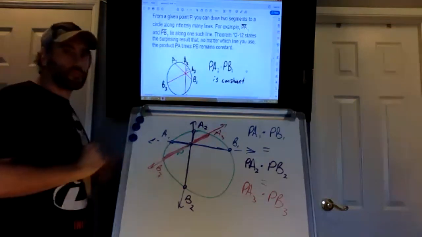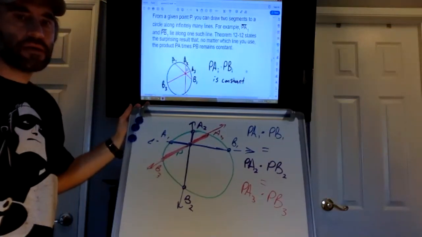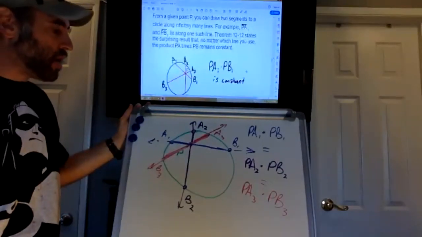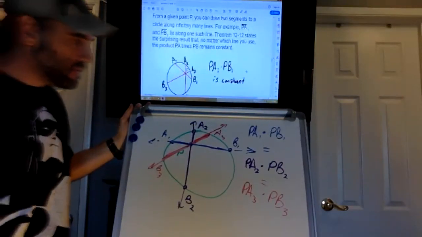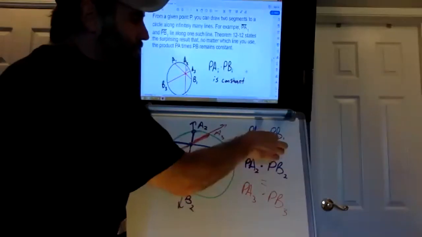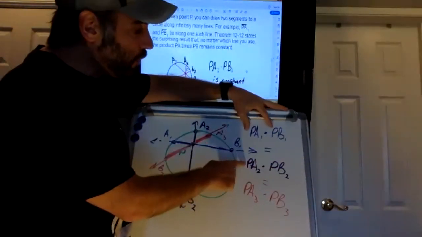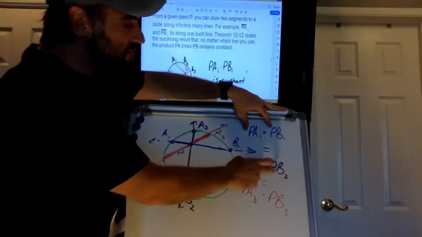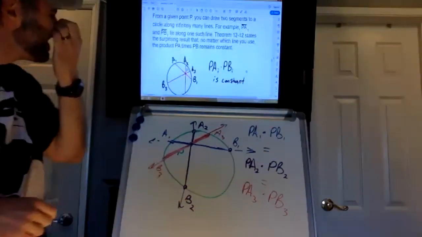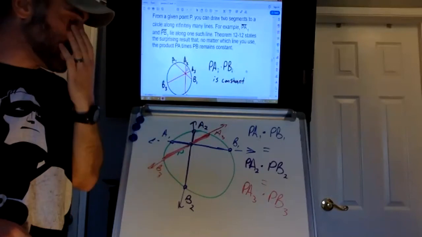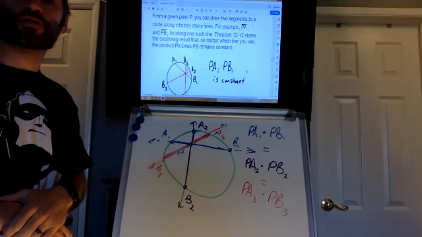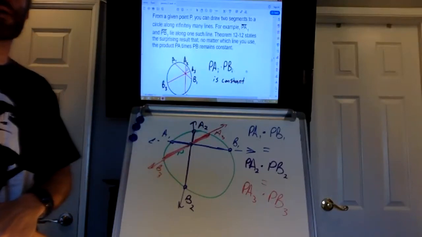Wait, so Mr. Rosenthal, what does all of this mean? It means that if I know, let's say that I know blue times blue is equal to purple times purple, and I know 3 out of the 4 of them, I can solve for the 4th one. It means that there's proportionality here. We're going to make proportions and solve for missing segment lengths.